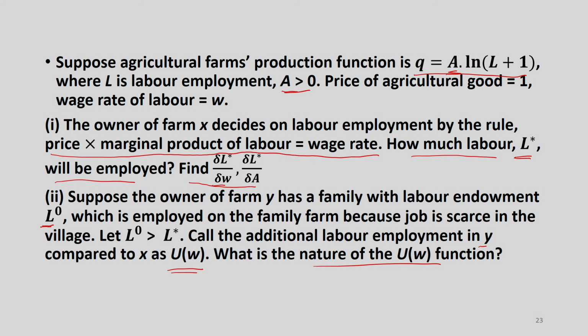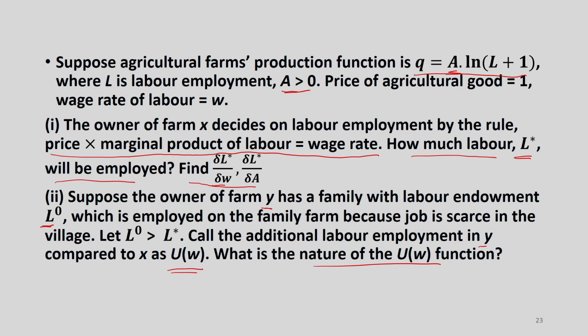So, this is one kind of firm. The other kind of firm in part 2 is the Y firm, where the employment decision is not decided by price multiplied by marginal product of labor equal to the wage rate, but by how much labor is there in the family which owns that firm.